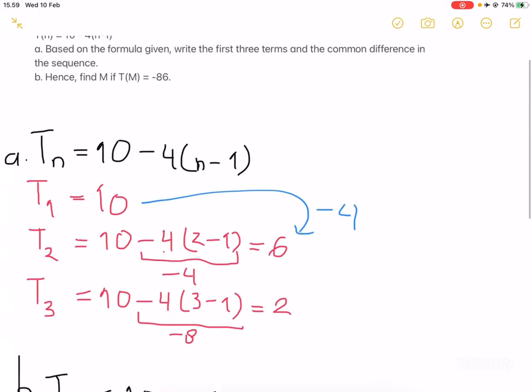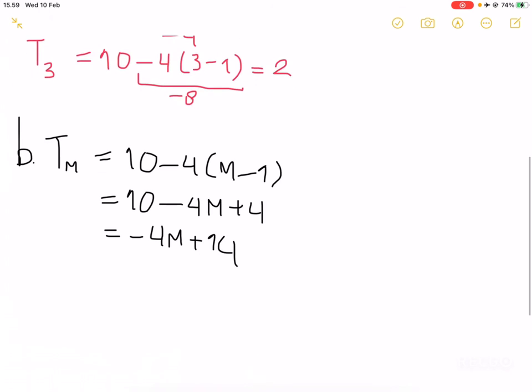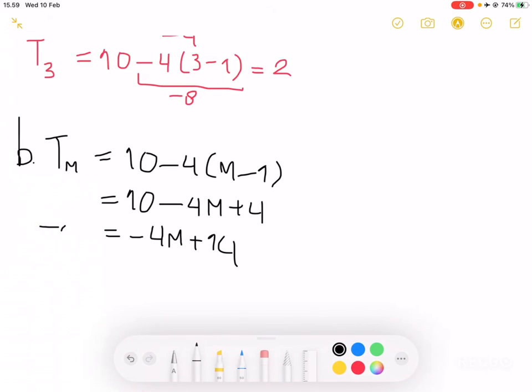We know that t of m is negative 86, so we can just straight up plug that in. And then we can just do some linear equation stuff. Subtracting 14 on both sides, so that will cross this out. Our left hand side will become negative 100 equals negative 4 times m.